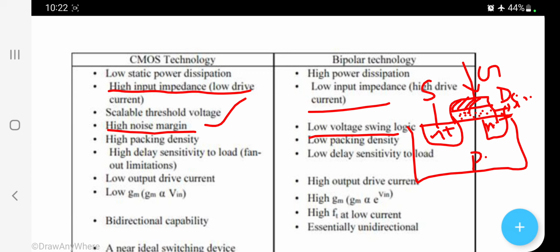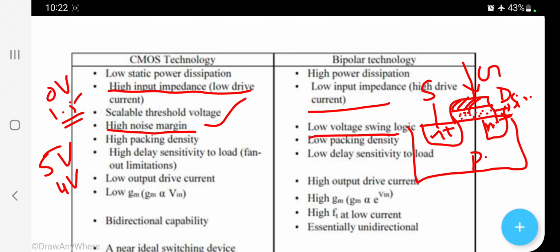Roughly, if you consider logic 1 as 5 volts, then up to 4 volts you can consider it as logic 1 itself. And 0 volts is logic 0, and even up to 1 volt or 1.4 volts you can consider it as logic 0.